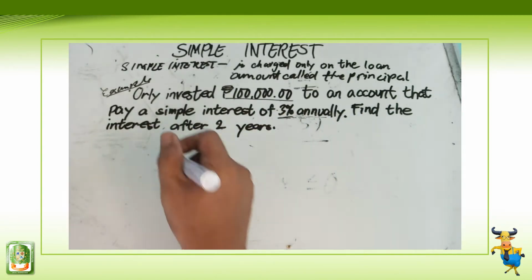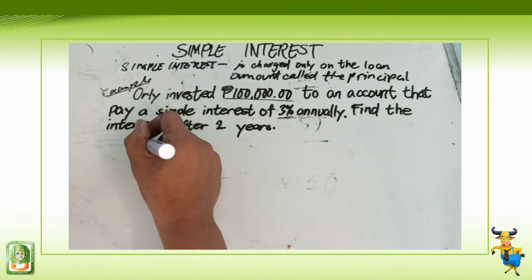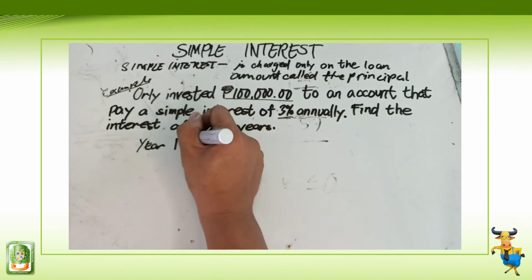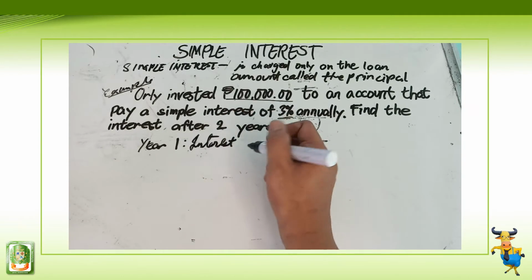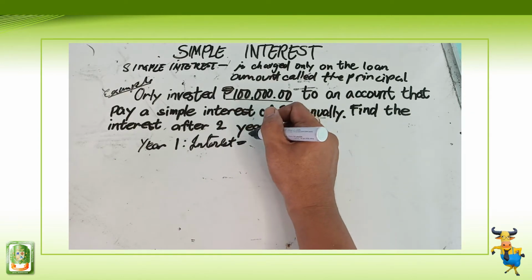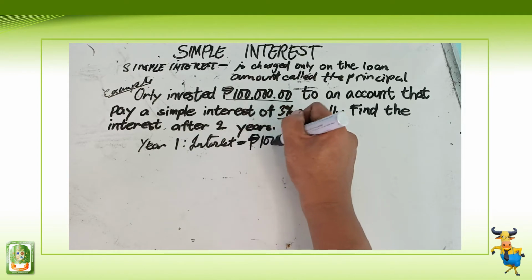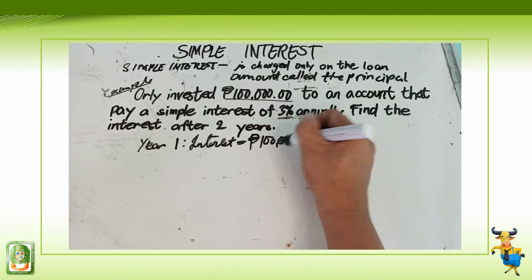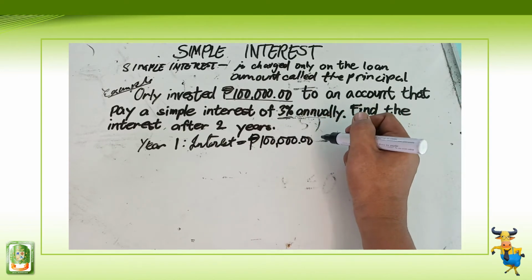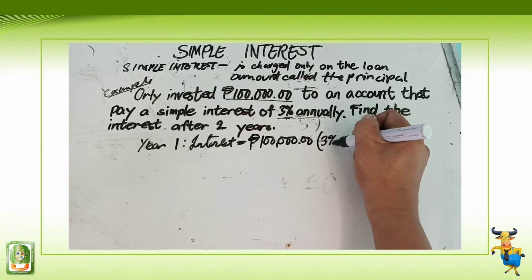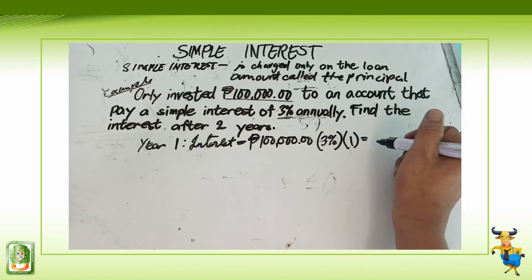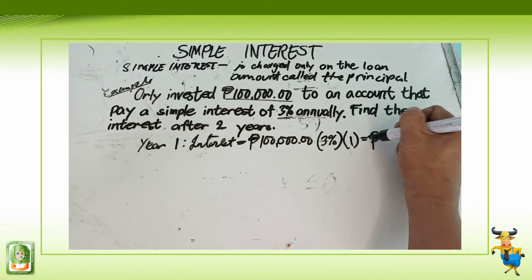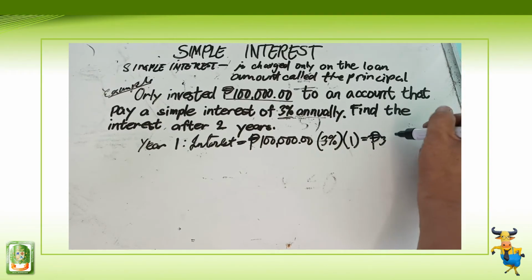So, kung gagamitin ng annually, unahin natin ang year 1. So, the interest is equal to 100,000 times the 3% times 1 is equal to what? 3,000.